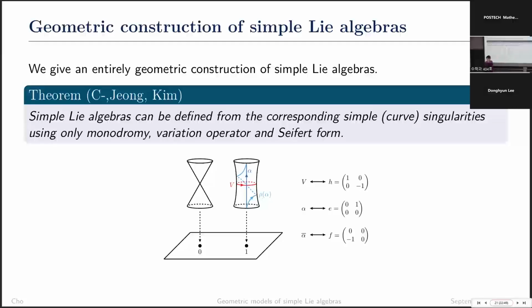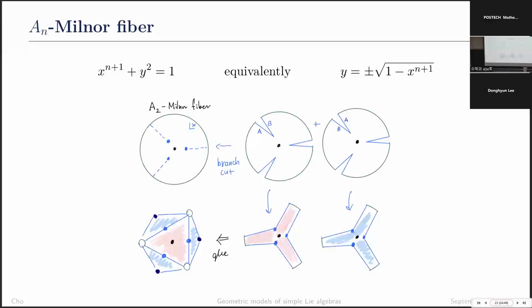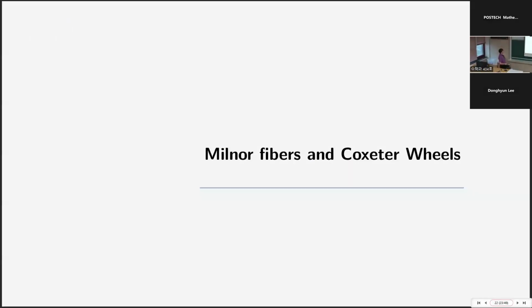In general, you consider a similar thing on the regular fiber, but it's related to vanishing cycles and monodromies. So now the singularity information is encoded in other data. To find the geometric model, we need to define what are called Coxeter fields.